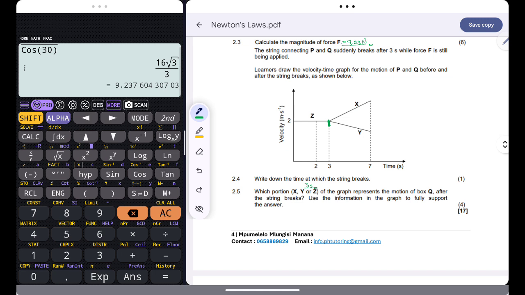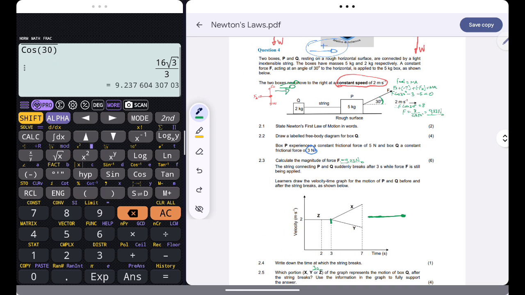However, it will eventually come to a stop because its resultant force is opposing its motion, and that resultant force consists of a frictional force only. We know that friction always opposes motion. It's a non-conservative force that always opposes motion. So as much as body Q keeps on moving towards the right, it will decrease its velocity until it comes to a stop.